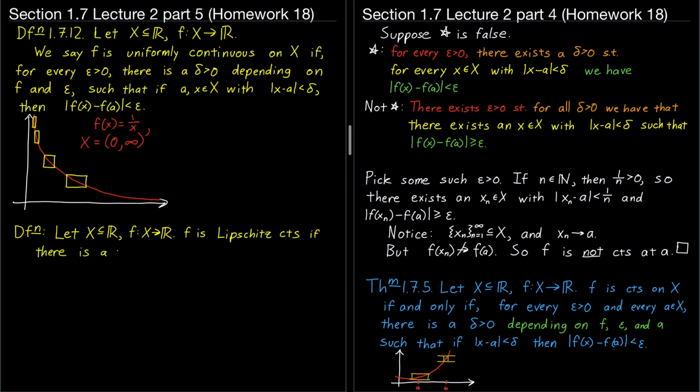So there is a constant capital M, a positive real number, such that if x and a are in X, then the absolute value of f of x minus f of a is less than or equal to M times the distance from x to a.